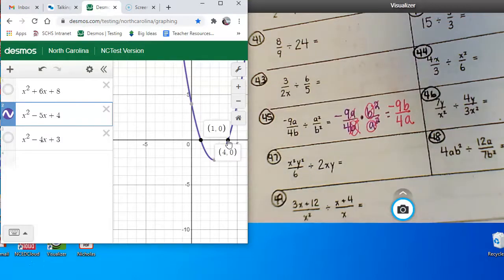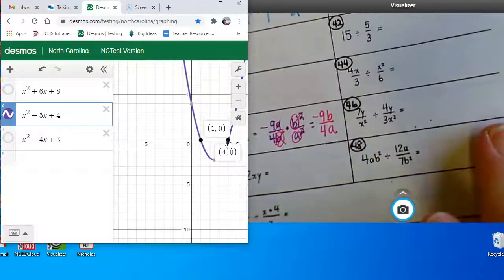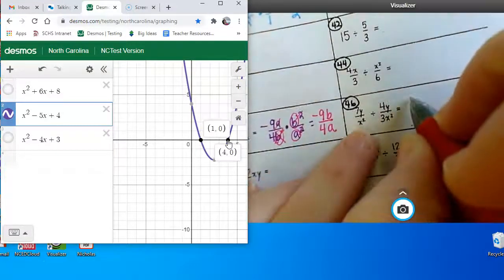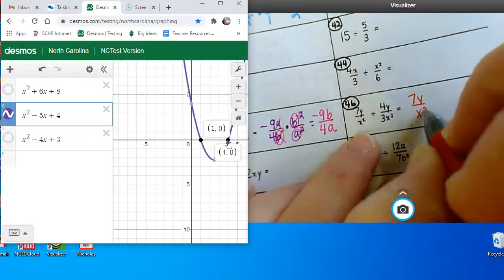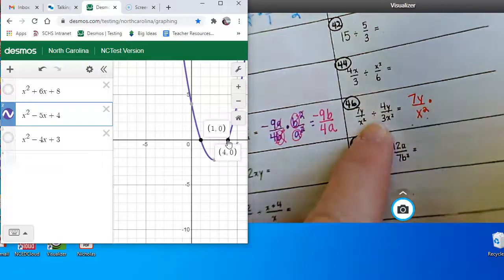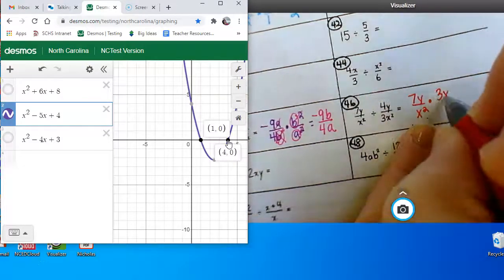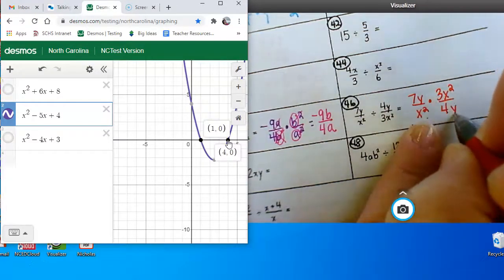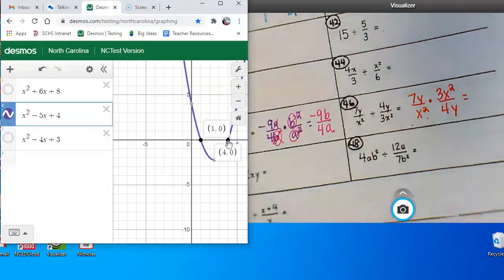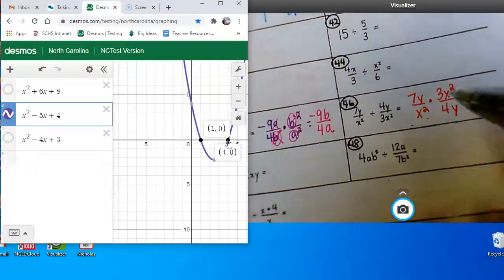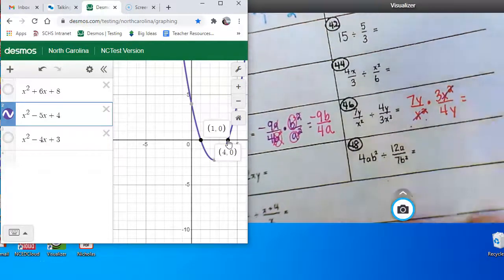Okay, let's look at another one. Number 46. Keep, change it to times, and flip it. Alright, I can get rid of these x squareds.